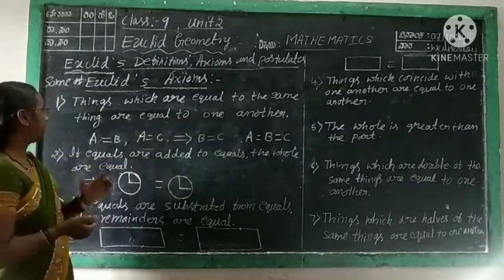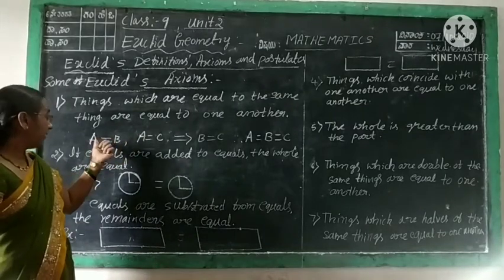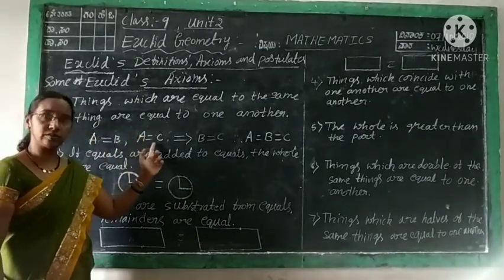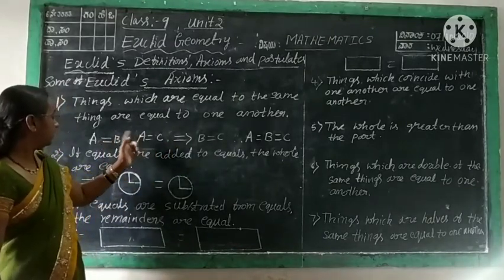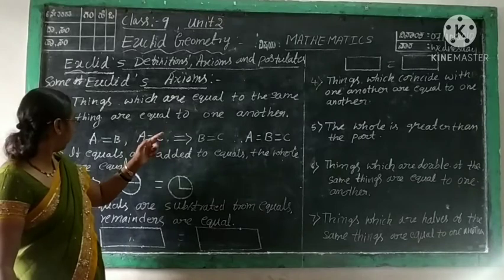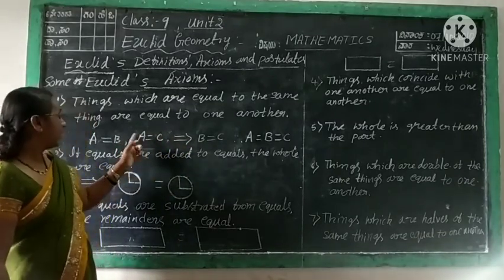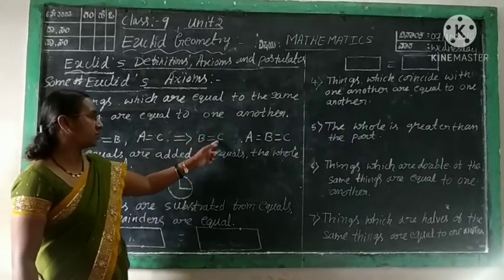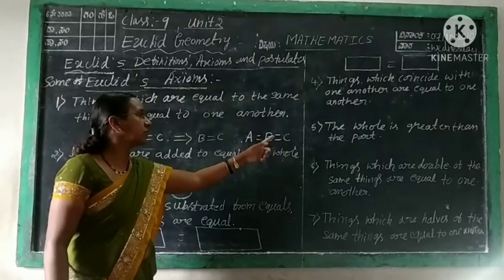Its meaning is A is equal to B, and again A is equal to C, and B is equal to C. Therefore A is equal to B is equal to C.